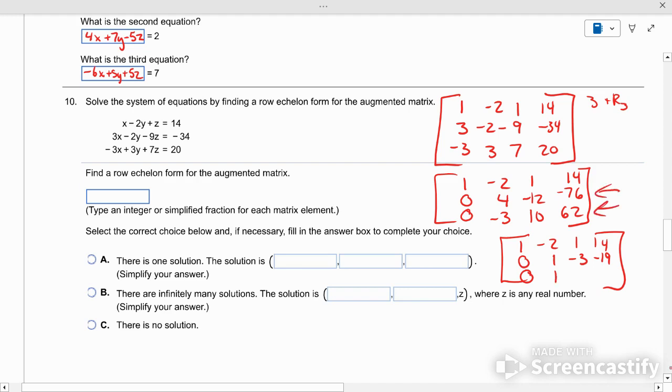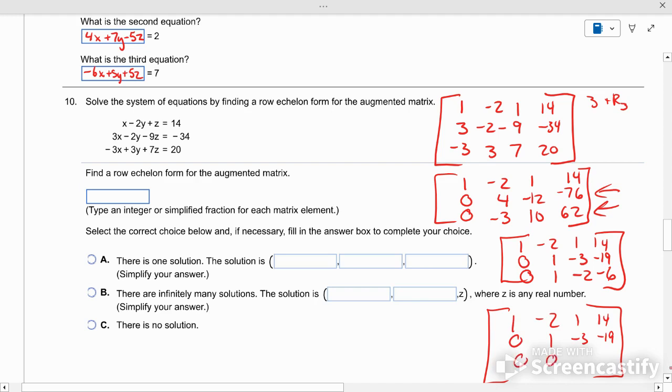So add them: 1, and then negative 2, and then negative 6. Then I want to get 0 here, so that's my last matrix that I have to write down. 1, negative 2, 1, 14, 0, 1, negative 3, negative 19, 0, 0.